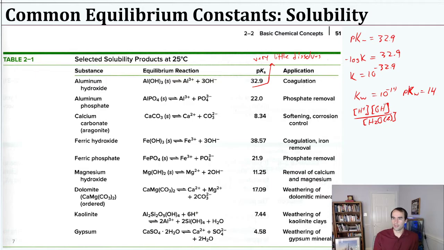Okay, so we'll take a look again at these. This is just a reference table. And one thing we will deal with next time as well is you can actually calculate these equilibrium and solubility products. By the way, when it's a solubility constant, they call them solubility products, for whatever reason.